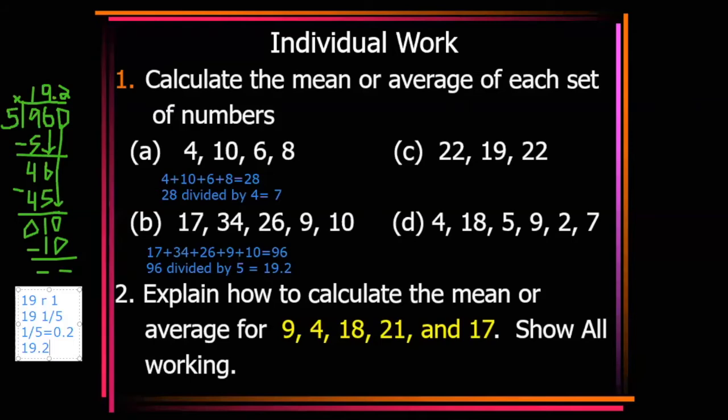Then you can convert your fraction to a decimal and get your answer. If that's easier for you, you can do that. If doing long division and adding a decimal point is easier for you, you can do that as well. Okay, are we ready to move on to question C? Okay, let's move on to question C.